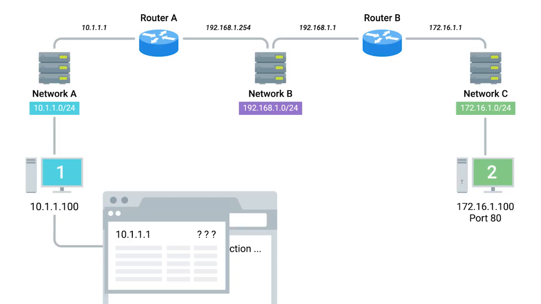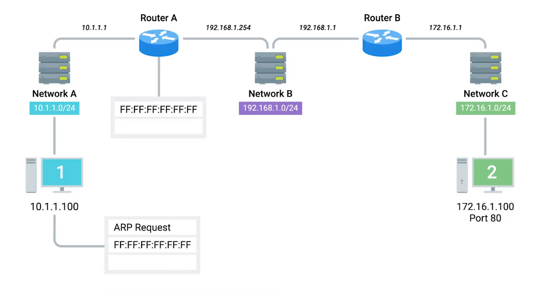Uh-oh. It's okay. Computer 1 crafts an ARP request for an IP address of 10.1.1.1, which it sends to the hardware broadcast address of all Fs. This ARP discovery request is sent to every node on the local network. When router A receives this ARP message, it sees that it's the computer currently assigned the IP address of 10.1.1.1.